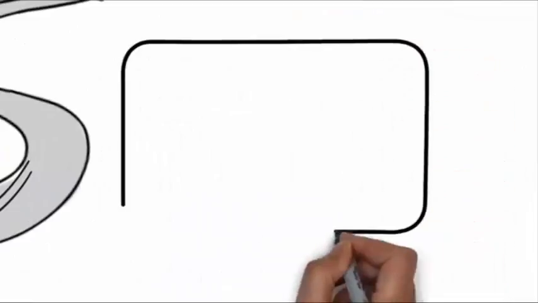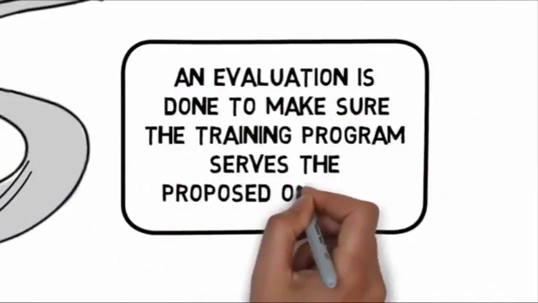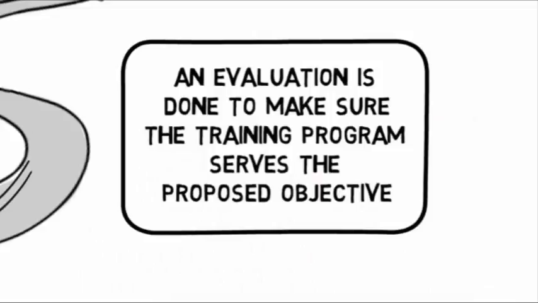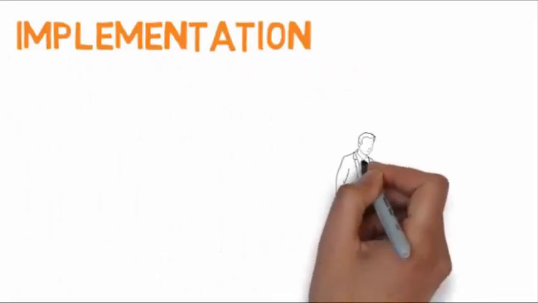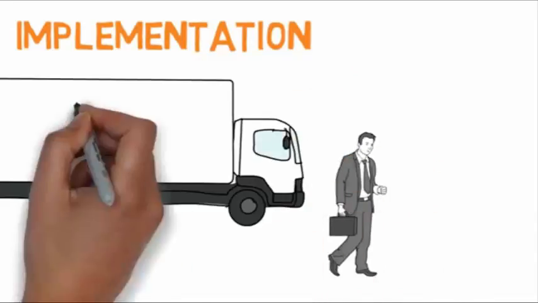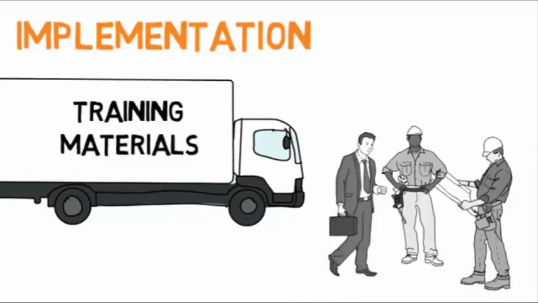Before the implementation phase, an evaluation is done at this point to make sure the training program serves the proposed objective. In the implementation phase, the instructional designer and evaluators deliver the training materials to Mr. Harrison at the Highway Safety Division.